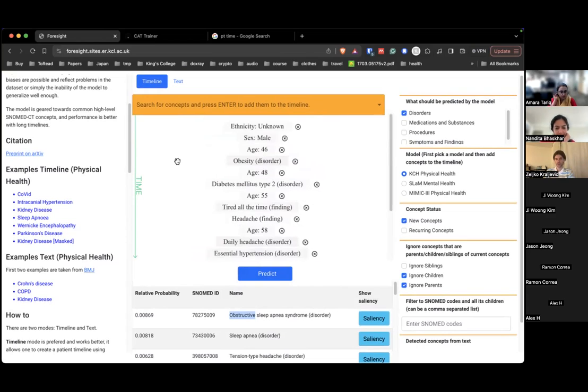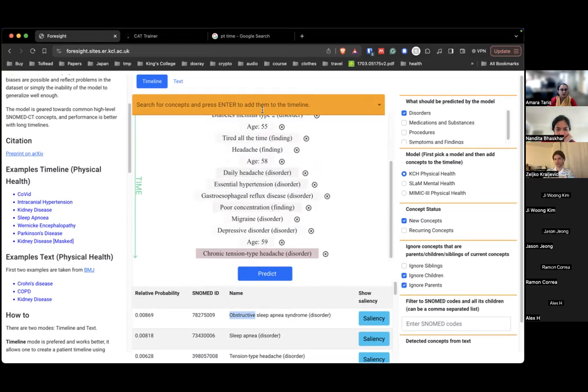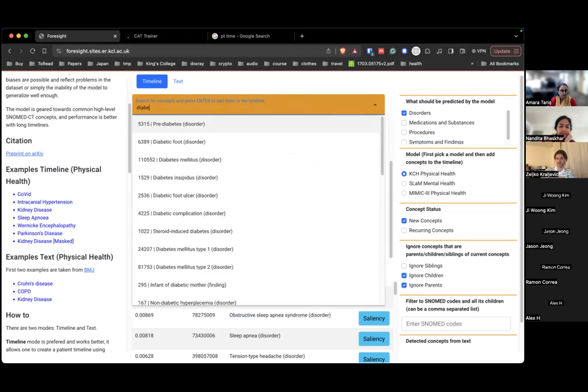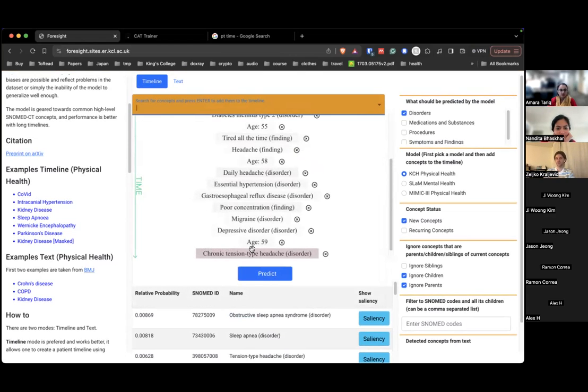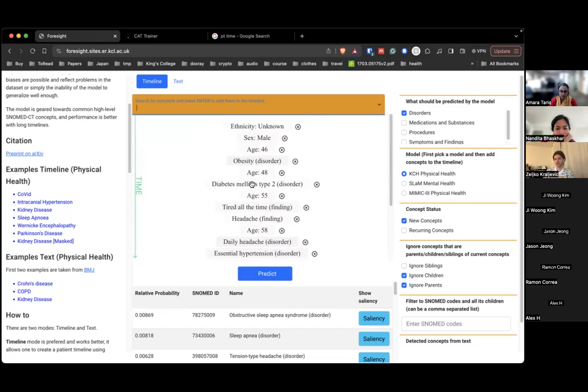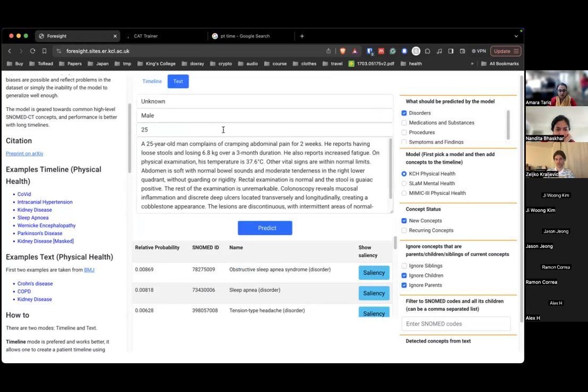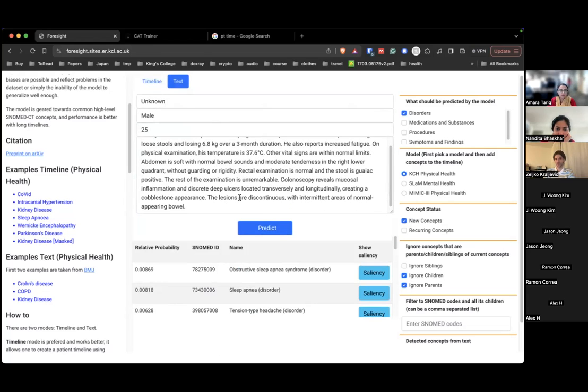Here you can add your concepts to this patient timeline, for example diabetes, or add a diabetic foot to this patient and then do the prediction, or build my own timelines and do whatever I basically want. If you want to write text, that is also possible. So if you go here, you can just write a small description of a patient.